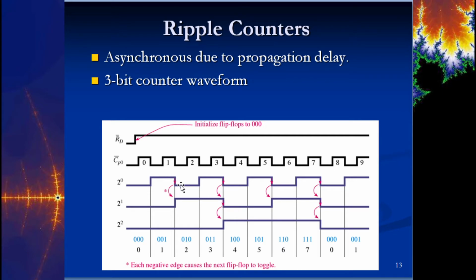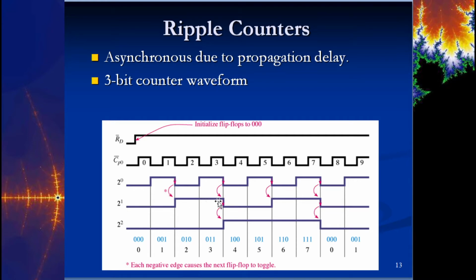And that's why you can fit 2 of the clock pulses into one single period of this output here, right? Same thing with this one. You can fit 2 of these into one of these. So you have to wait for the previous flip-flop to transition from high to low, and then once that happens, that's going to cause this one to transition, okay?